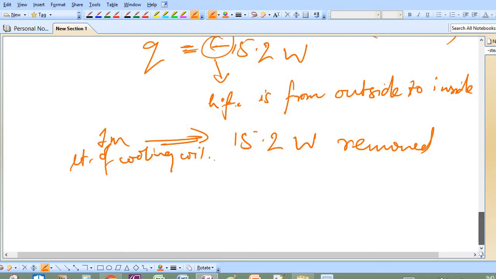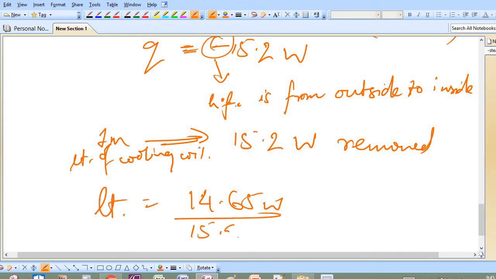So for removing 14.65 watts, the length will be, if we divide by 15.2 watt per meter, around 0.964 meters. Note that the thermal conductivity of the material, which is rubber here, is 0.15 watt per meter Kelvin, which is quite small. Generally metal cooling coils are used, so the thermal conductivity of metals is quite high. So the liquid film resistance in this case is also quite small and can be neglected.